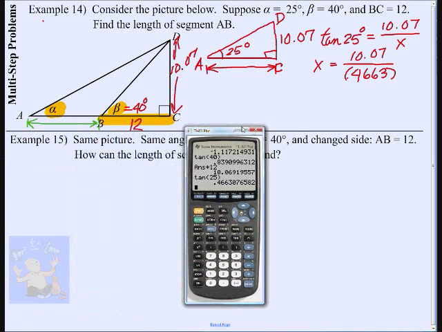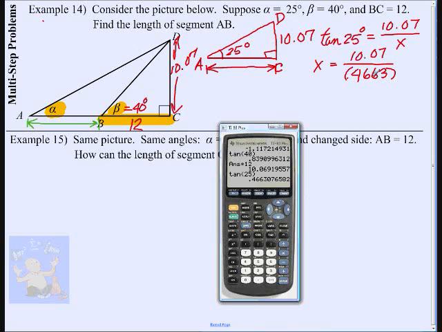So I want to divide that into 10.07. So I'm going to convert this into a division by taking the reciprocal, times 10 point, and I've got it all up here, so why don't I use that?